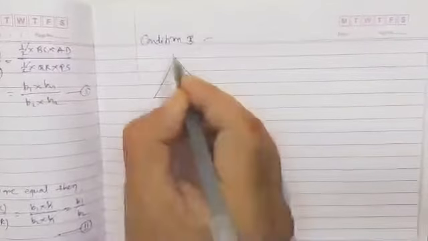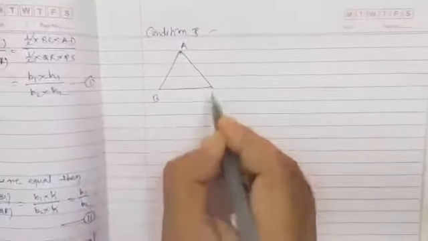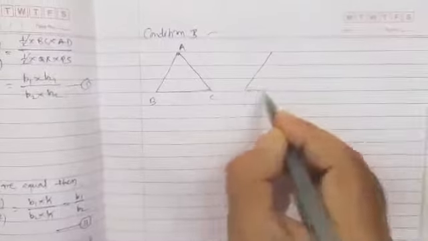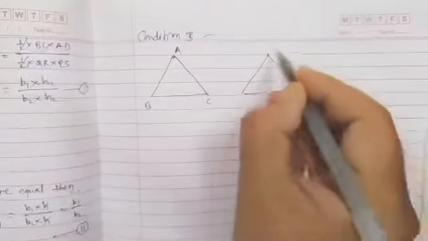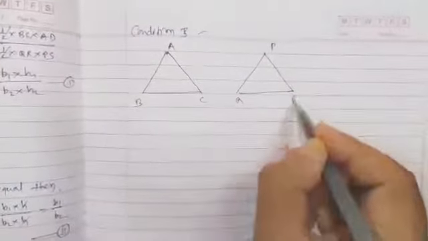Again condition 3. Look carefully. There are again two triangles, suppose ABC and another is PQR.